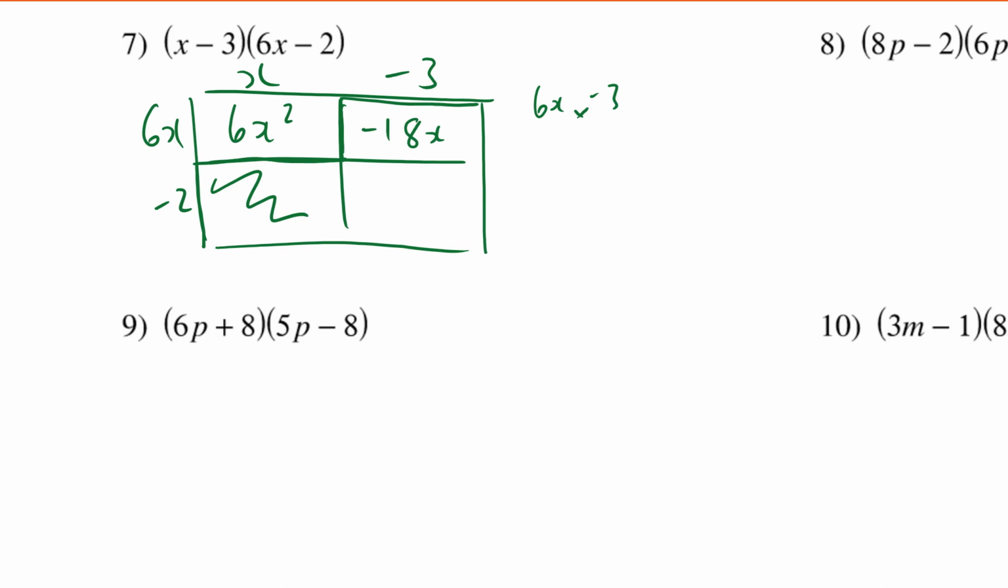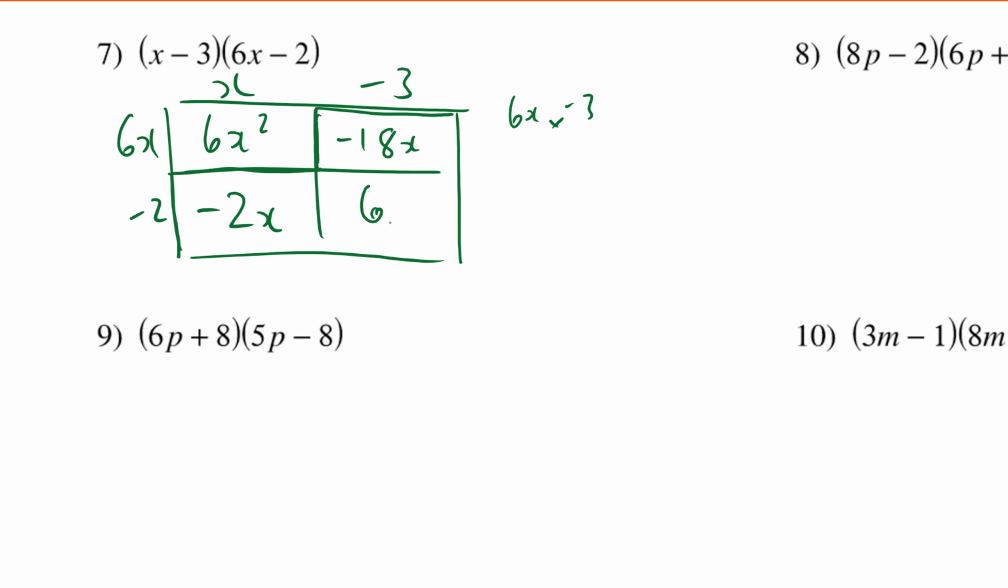That area, that bottom left, is negative 2x. And at bottom right, Jamie, what's that one? Negative 2 times negative 3, just positive 6. Okay, so my answer therefore is 6x squared minus 20x, because negative 18 minus 2 gives you negative 20x, plus 6. There's my answer.